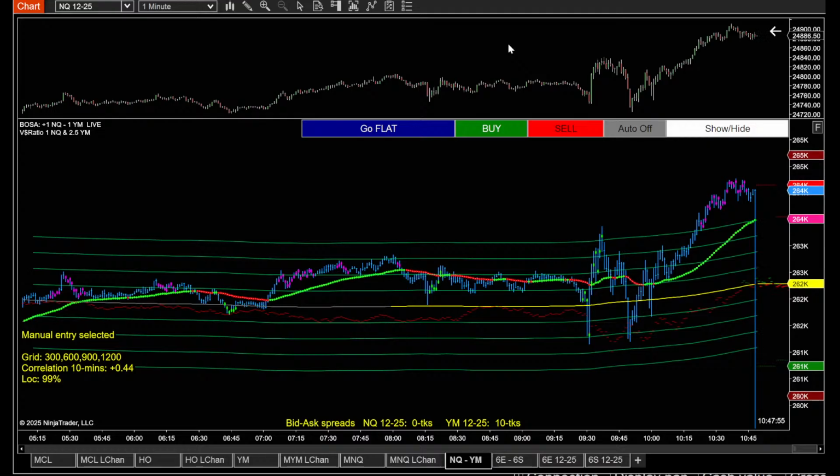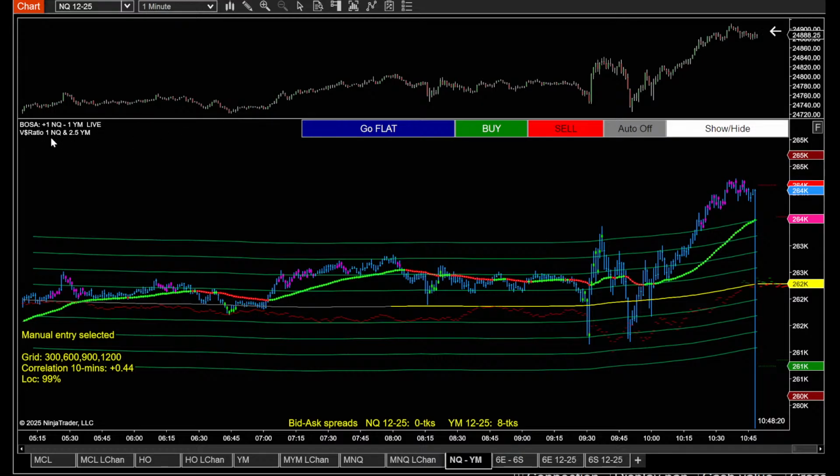So when you compare one to another, you want to try and equalize them when you do a spread trade. If one of them is 3 times as volatile as the other, you want to trade 3 times the non-volatile instrument against one of the highly volatile instrument. That's what V dollar ratio is.